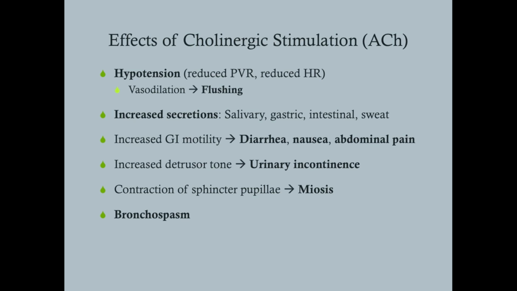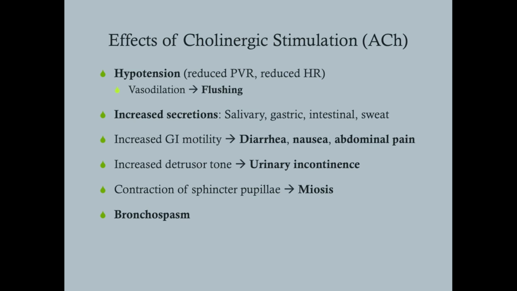So the effects of cholinergic stimulation, it's good to just know these, because when we're talking about organophosphate poisoning, when we're talking about why these drugs, if at all, are useful, what kind of toxicity or side effects you can get from these, it helps to know what happens when we stimulate cholinergic receptors. So one of the big things that happens is you can get hypotension.